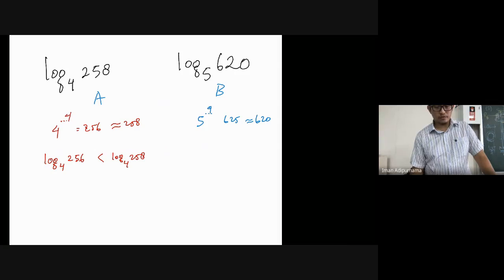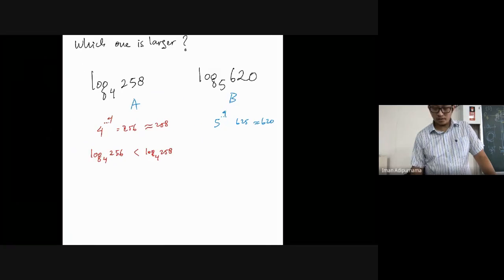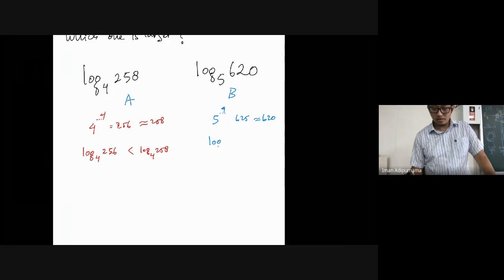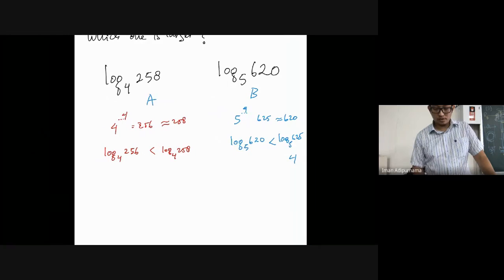It should also be 4. So log base 5 of 620 is less than log base 5 of 625. So this is 4 and this is 4.